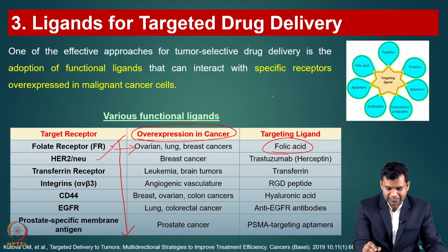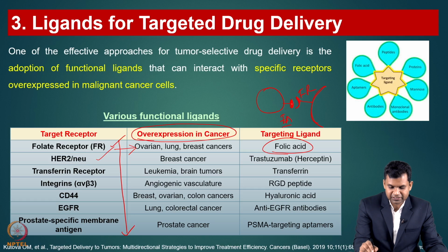Consider this is your carrier system with folic acid and this is your receptor, and here is the cancer cell, and this is the overexpressed folate receptor. Now, if you want to target your molecule, your carrier system, that must be labeled with folic acid.